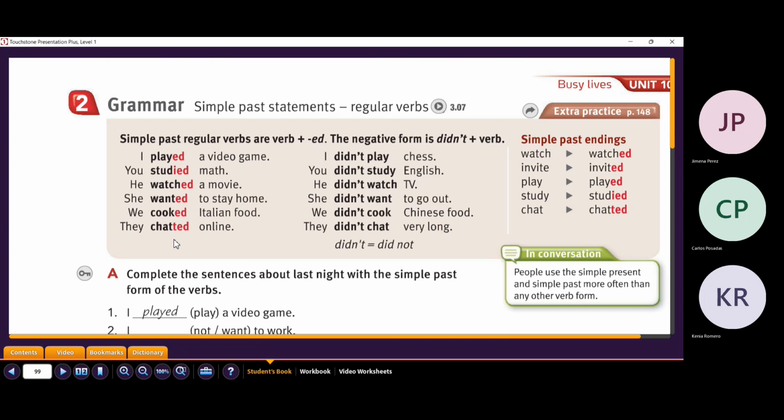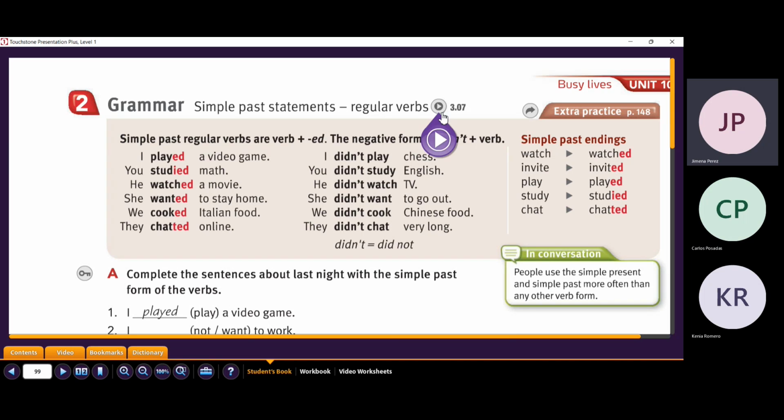So I'm going to play the listening of this. You're going to read at the same time, and I need you to repeat the sentence next to the listening.